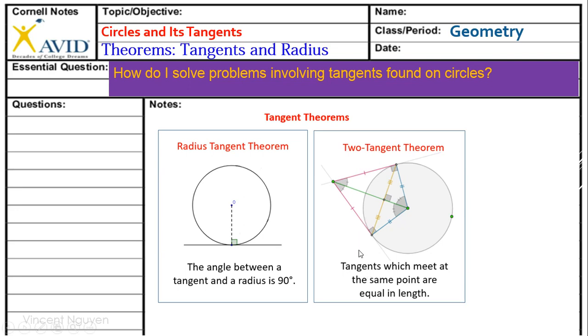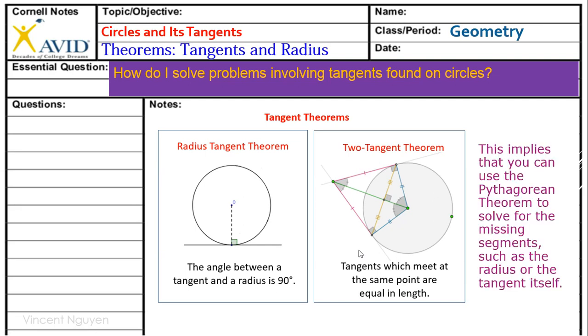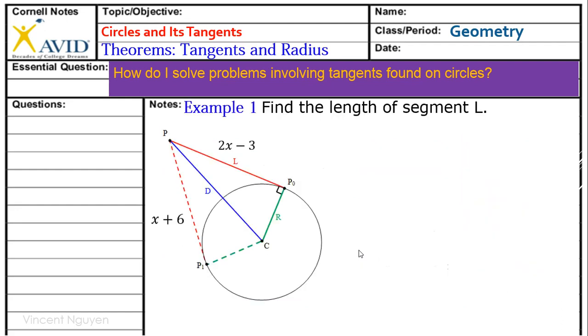Call it whatever you want, but the two segments are equal to each other. Like I mentioned before, the Pythagorean theorem could be used in these two cases to solve problems. Keep that in mind.